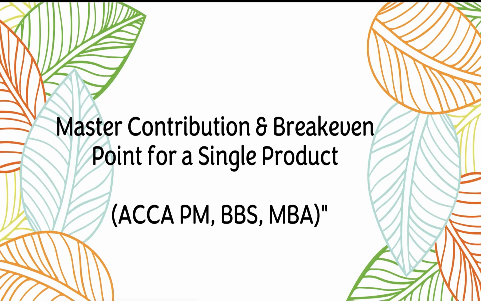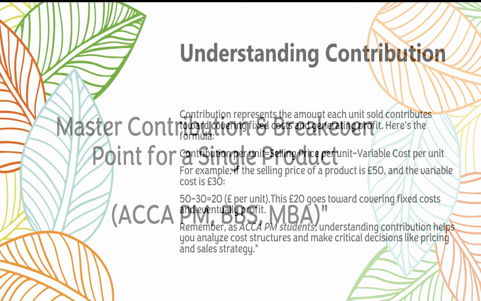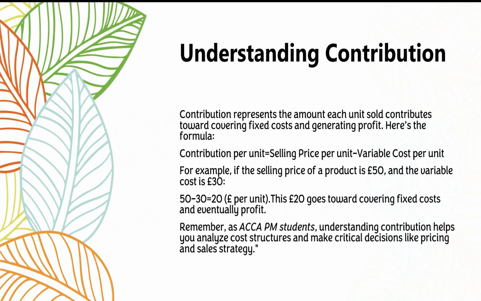First, let's understand what contribution is. Contribution represents the amount each unit sold contributes toward covering fixed cost and generating profit. The formula for contribution per unit is selling price per unit minus variable cost per unit.